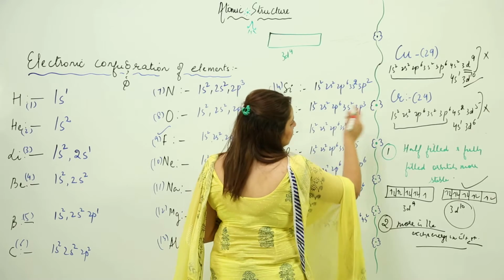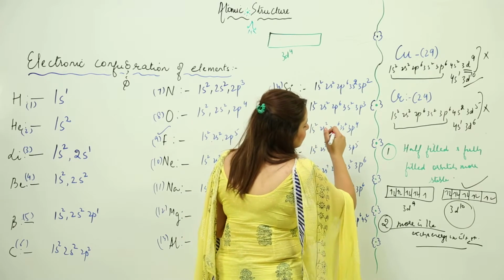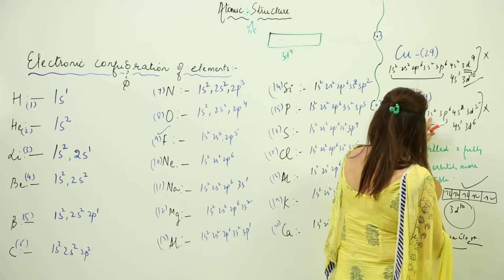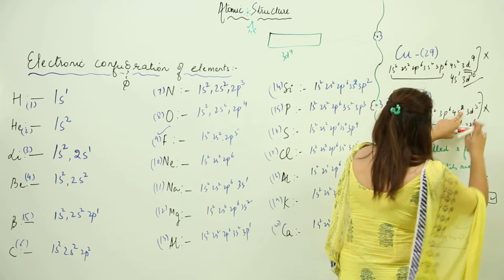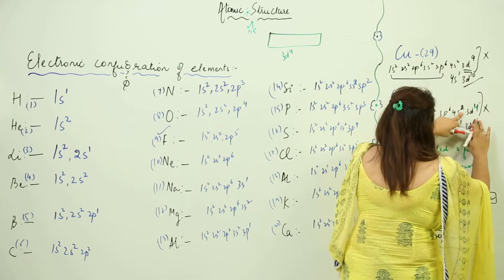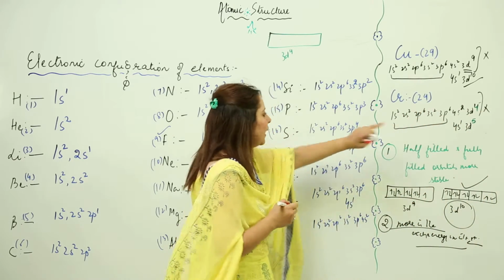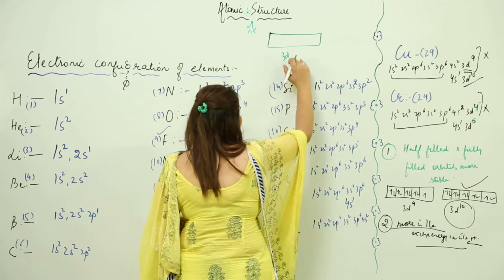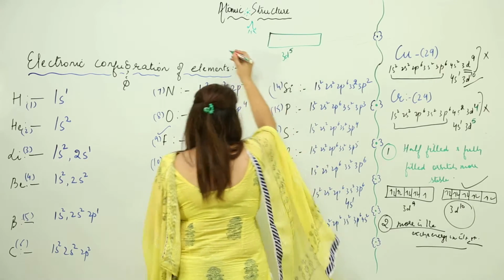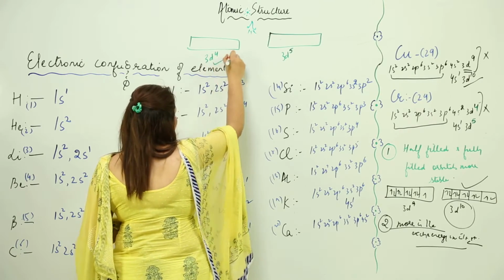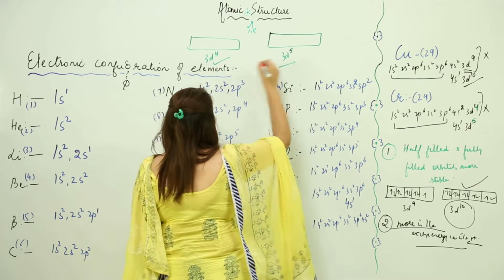Sorry, what I wrote here comes out to be 4, and when we correct it, it comes out to be 5. Then it becomes half filled. So let us write for 3d5 and let us write for 3d4, because the expected one was 3d4, but actually it is 3d5.